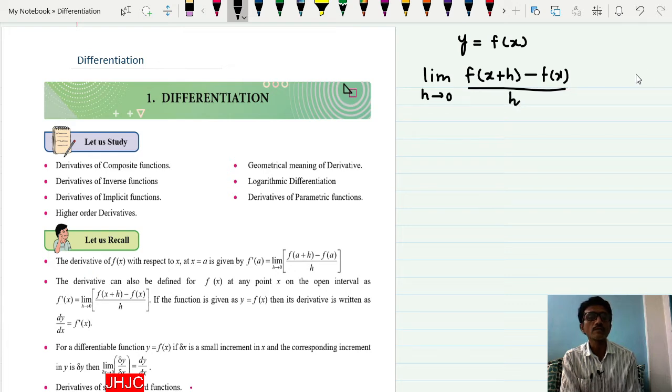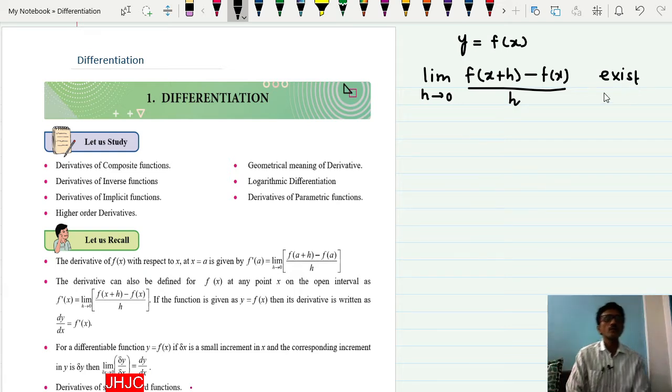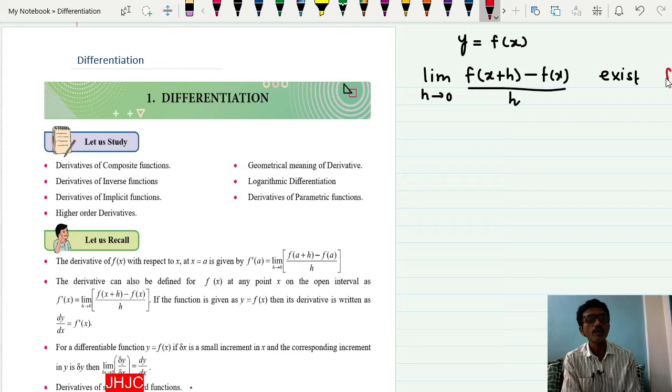If this limit exists, then this limit is called derivative of f x, and it is denoted by what? F dash of x. We denote it by f dash of x.